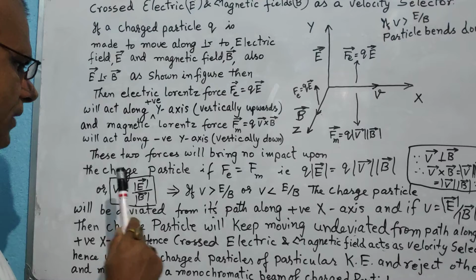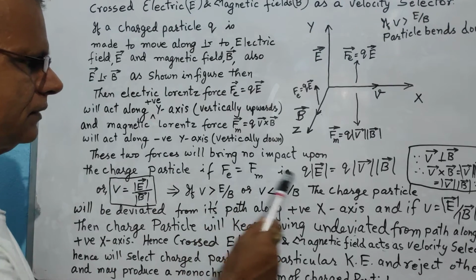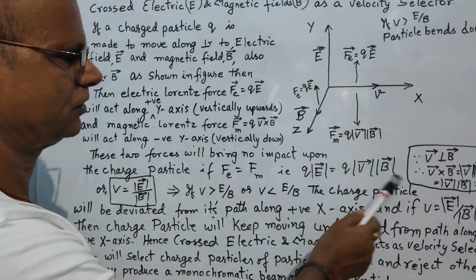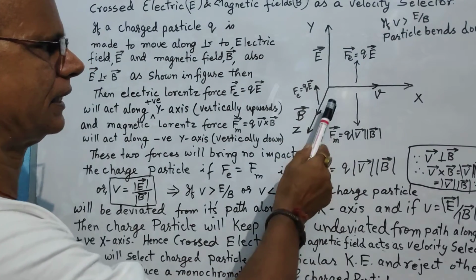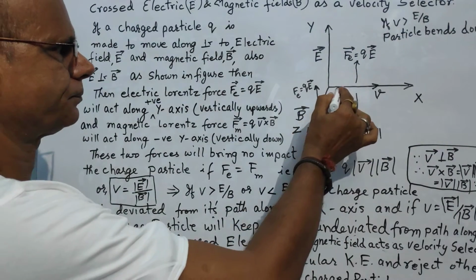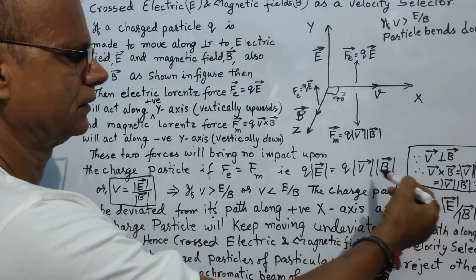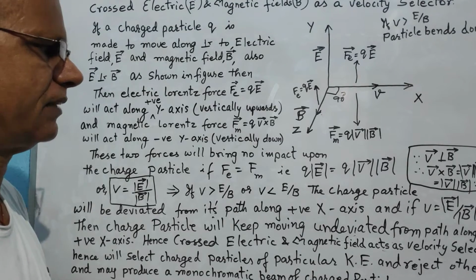Let us see how we are saying it should be E by B. If the two forces are equal, then we can equate qE equal to qvB, because the direction of motion and magnetic field are at 90 degrees to each other, and therefore their cross product is given by the product of their magnitudes multiplied by the charge itself.